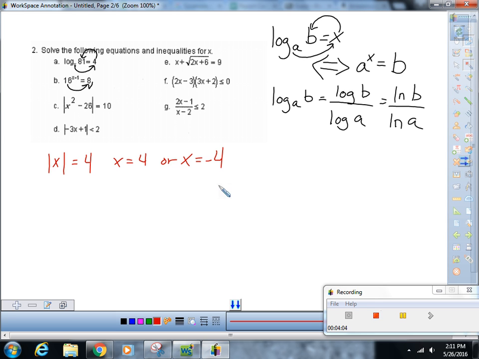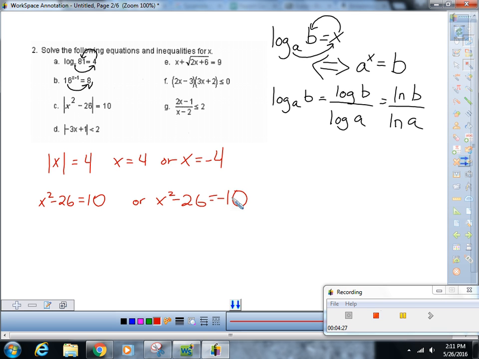And I think you probably understand that, but that's the concept that you've got to use to solve these questions. So, what we have here is the absolute value. So that means X squared minus 26 could equal 10. Or X squared minus 26 could equal -10. Those are the two options.